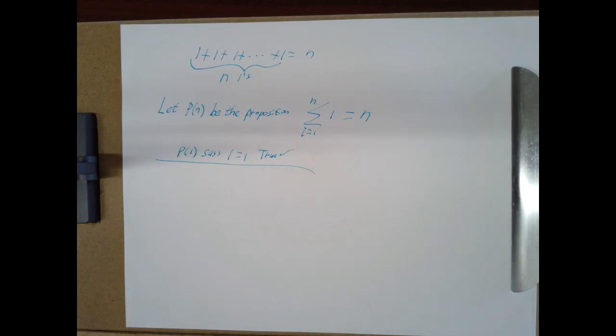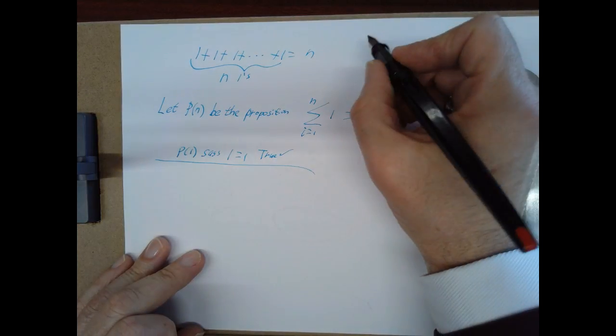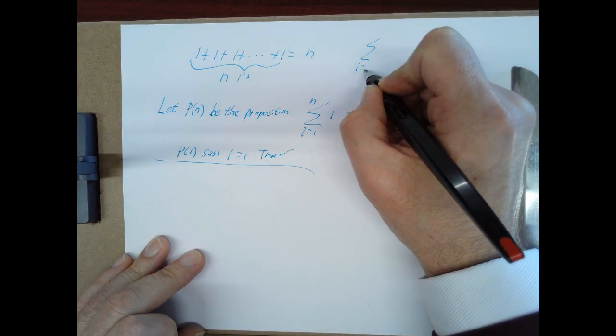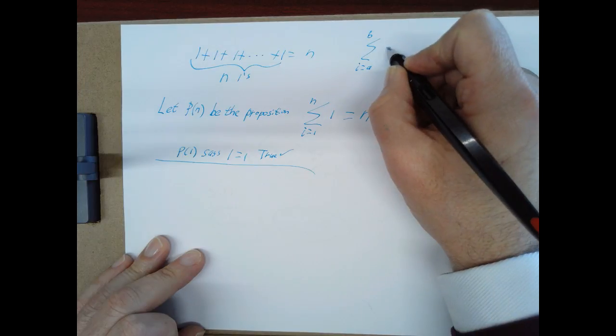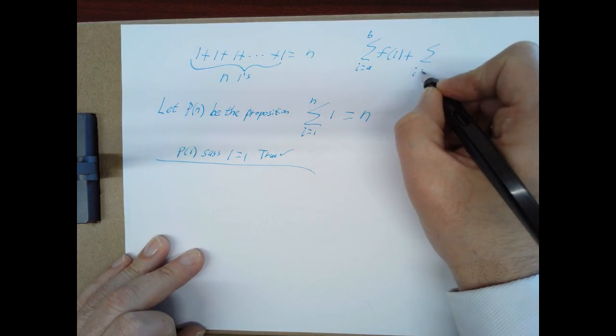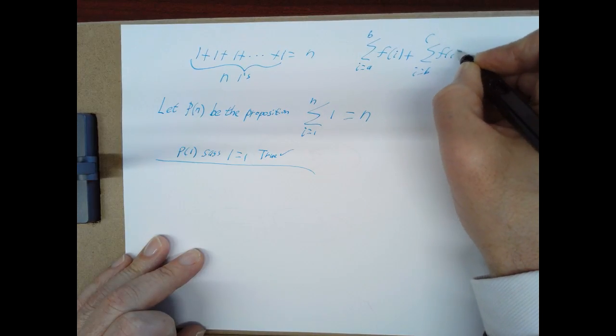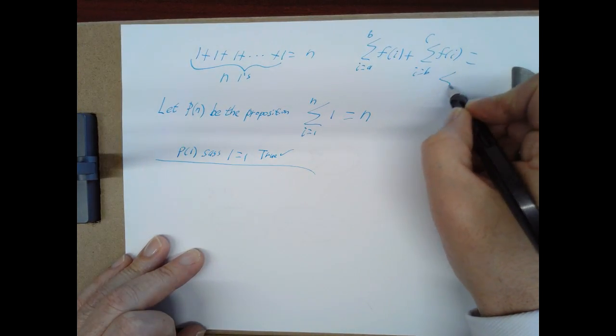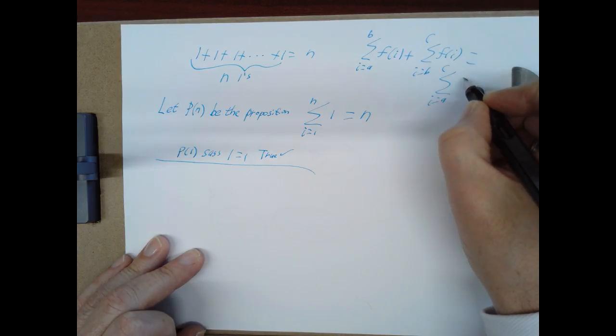Well, how can we prove that if P of n is true, then P of n plus 1 is true? And I'll let you use something that you already did in a homework problem or something we went over in class when we talked about summations, which was sum from i equals a to b of something plus the sum from b to c of something equals the sum from a to c.